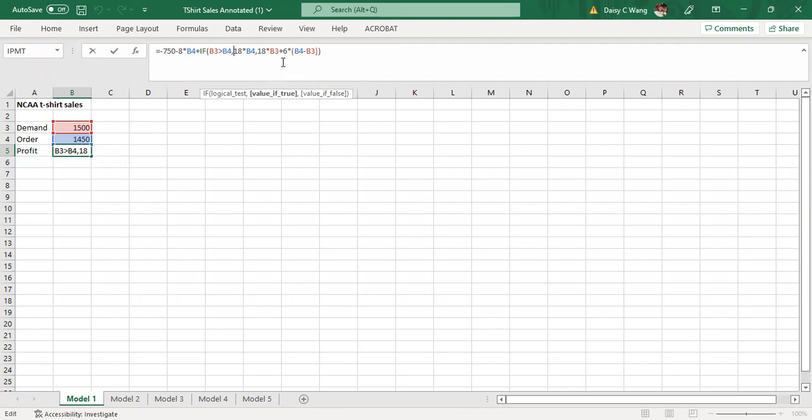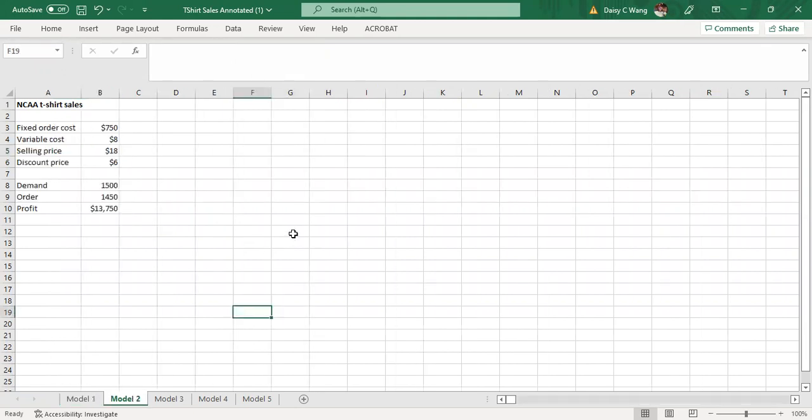We'll calculate it as 18 times B3 plus 6 times B4 minus B3. So this tells us that, but you have to go through this to see what's going on. Let's move on to the next one. Maybe from there you understand a little bit better.